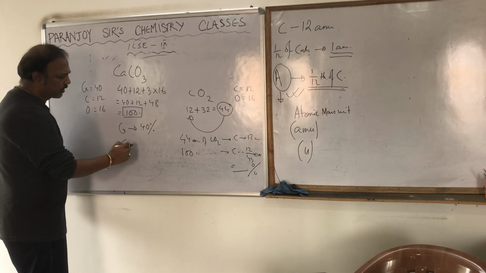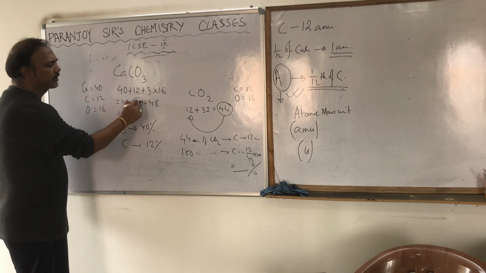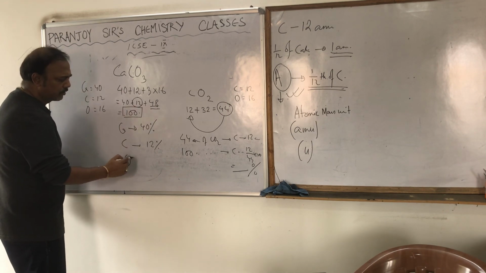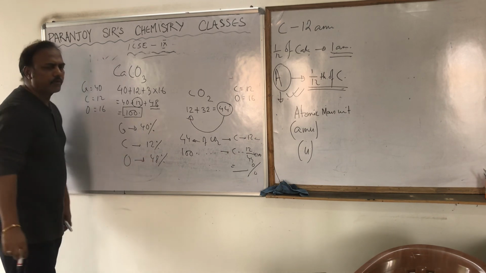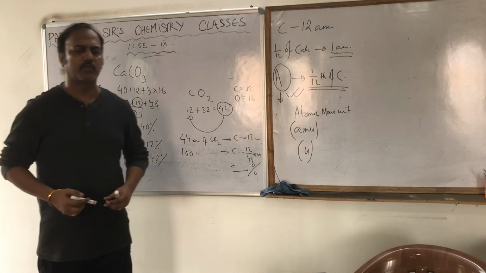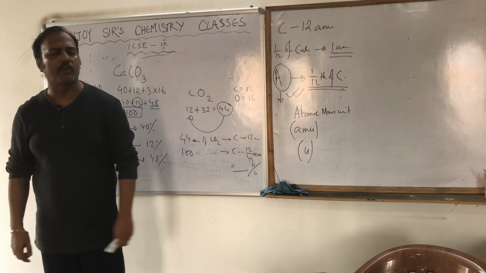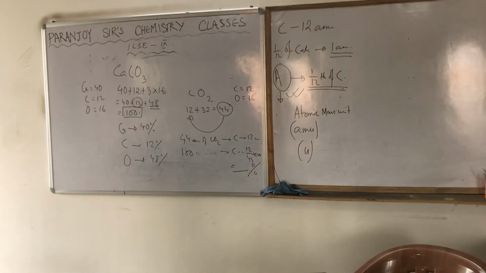The percentage composition of carbon is 12%, because out of 100 only 12 is carbon. And oxygen is 48, so it's 48%. I hope you understood percentage composition also. So these three topics are done. The last topic we are going to do is empirical formula and molecular formula, in the next session.